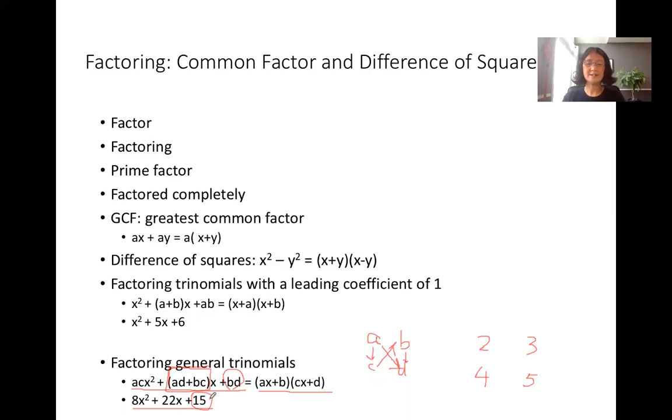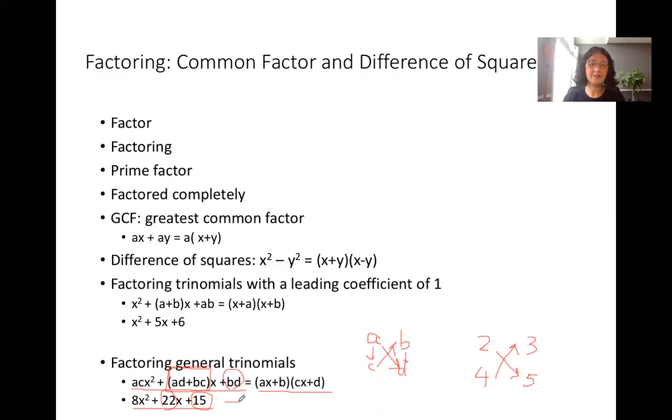And lastly, let's verify that the cross products added together equal 22. So 2 times 5 is 10, plus 4 times 3, which is 12. The result is bingo, 22. So now this arrangement is successful.